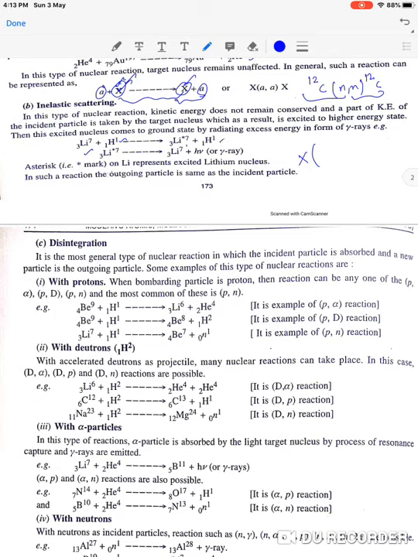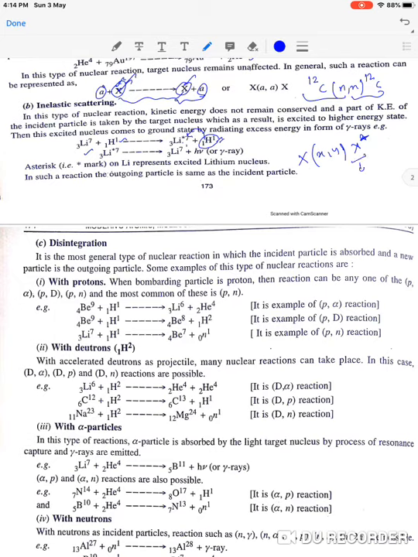But the main thing is that this nuclei is in the excited state, because this particle transferred its kinetic energy to it. That's why it loses some kinetic energy and this one gains energy. Because of this gain in energy, this lithium is left in the excited state, and the star is the representation of that. Now I can write this reaction as X(Y, Y)X star.